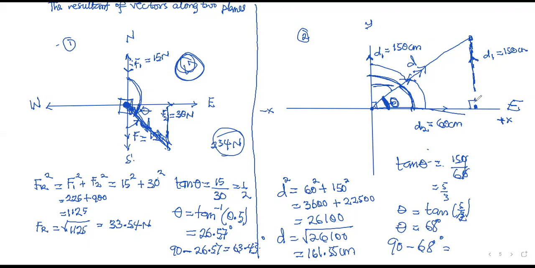When you measure from here to here, it must give you the same thing as when you have added 60 to 150. On a scale drawing, the sum must be the same as from here to here. But if it's not a scale drawing, use Pythagoras theorem to determine the resultant.